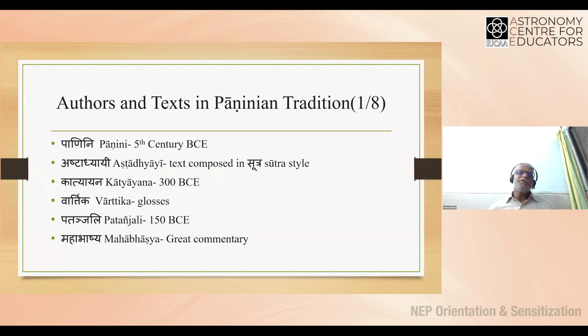He composed a text called Ashtadhyayi. Ashtadhyayi is a word which states that this is a text composed in 8 chapters. Each chapter is further divided into 4 subchapters. Therefore, there are 32 subchapters. Each subchapter consists of some rules, which are also known as sutras.